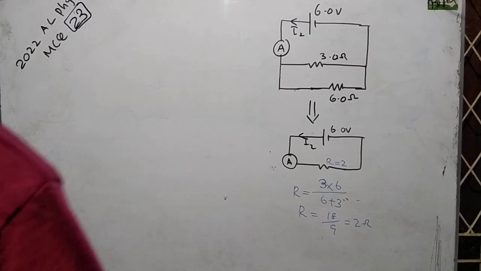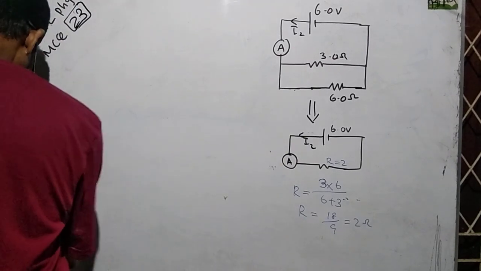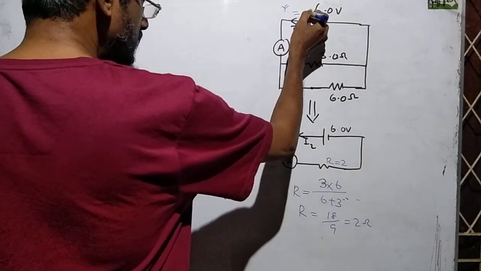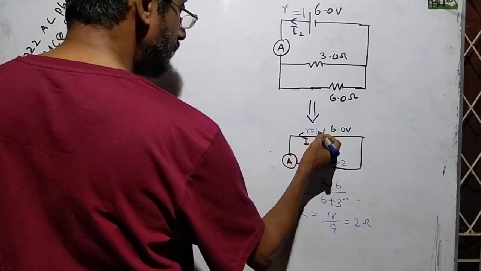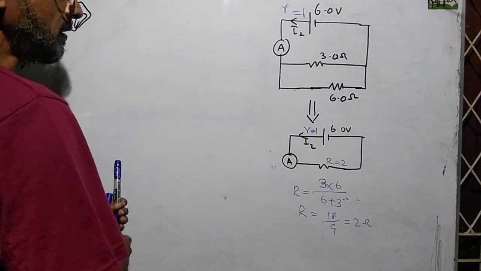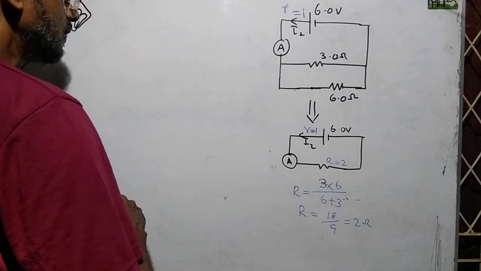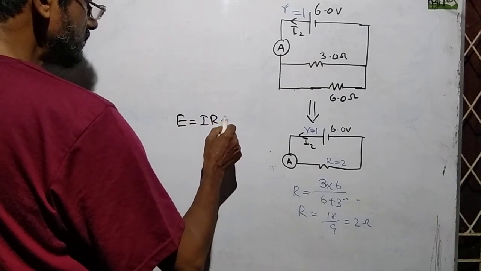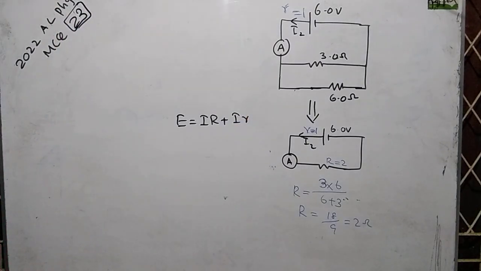Now I can consider the second occasion, and R equals 2. We calculated r equals 1 ohm. In this case also r equals 1 ohm. And we can apply the previous equation, E equals I capital R plus I small r.